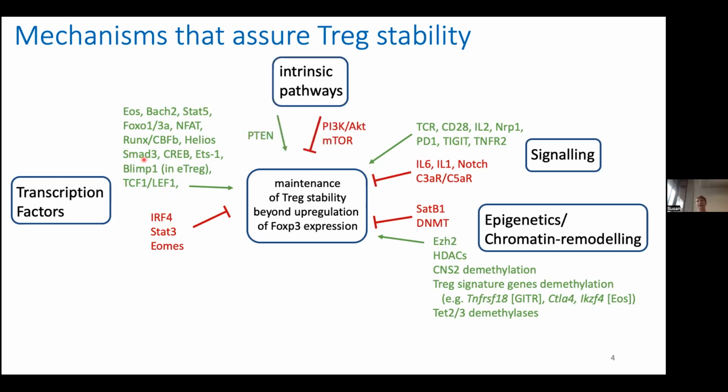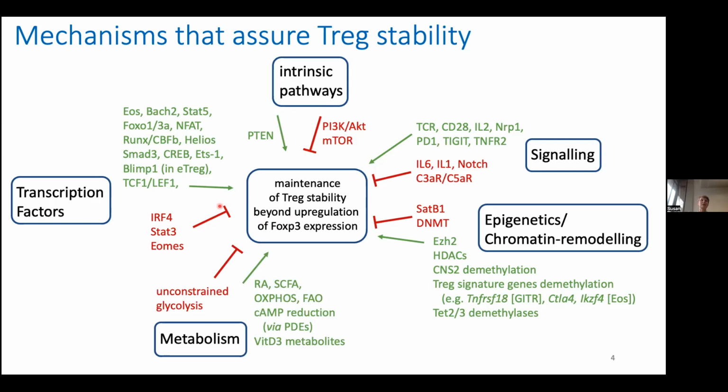Other intrinsic pathways, PTEN. If Treg lack PTEN, they immediately lose stability and become ex-Treg, so PTEN is really key. But the PI3 kinase and AKT pathways, downstream of a number of signaling receiving receptors, TCR is just one of them, are a potential threat.